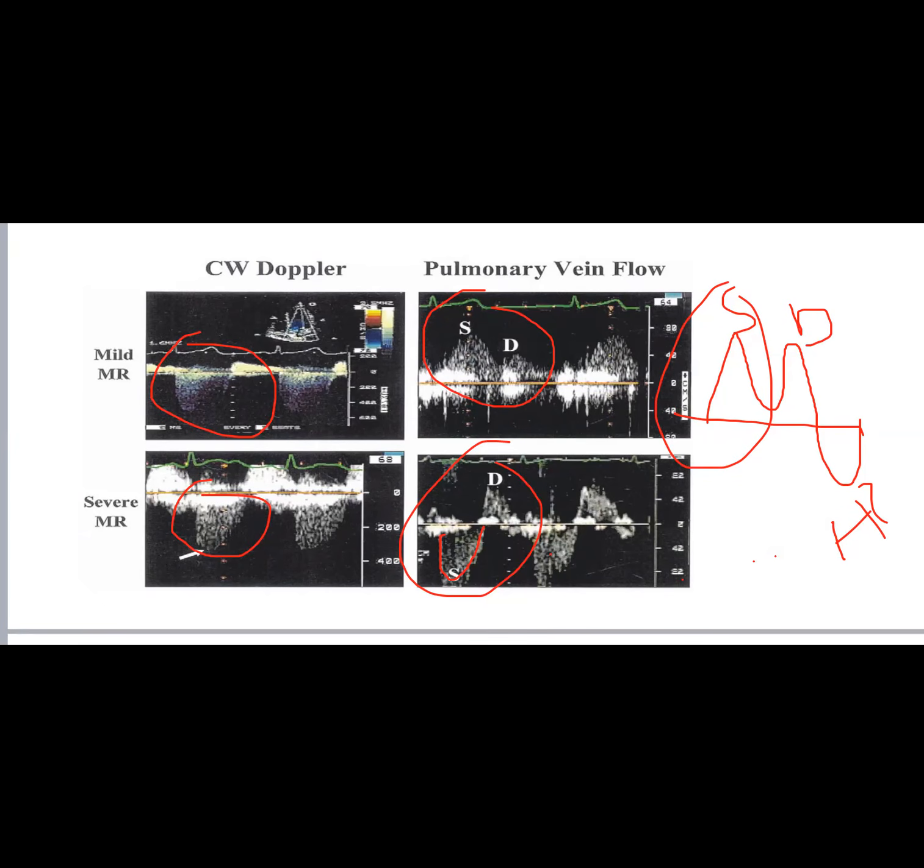If the jet is eccentric and wall hugging, it might not reach into the pulmonary vein. If the LA is big enough to digest the jet, it might not go backward. So it's a function of the LA geometry, the jet geometry, and the severity. So you have to be cautious. If you see it confidently, that's severe. But if you don't demonstrate it, you can't rule out severe.